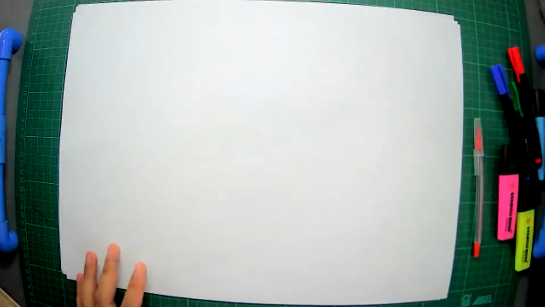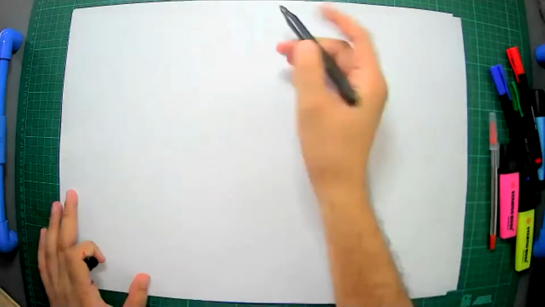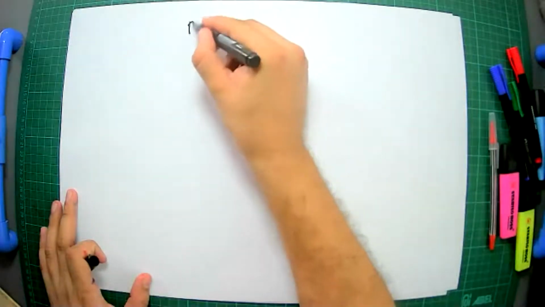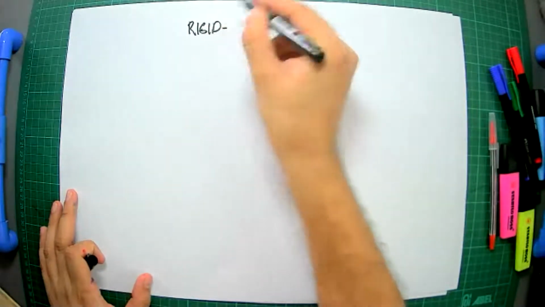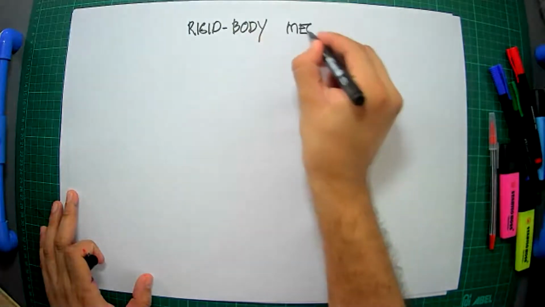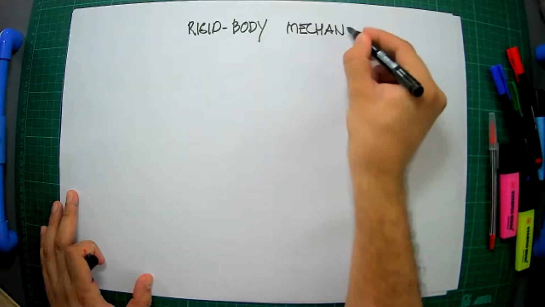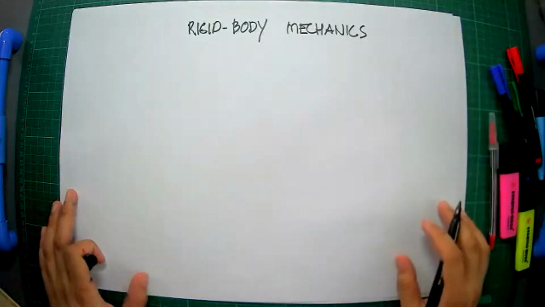Again, engineering mechanics may be defined as the science which considers the effects of force on rigid bodies. So we are particularly studying rigid body mechanics, because engineering mechanics is so general. It also includes deformable body and fluid mechanics.